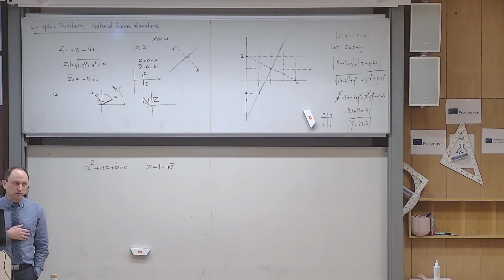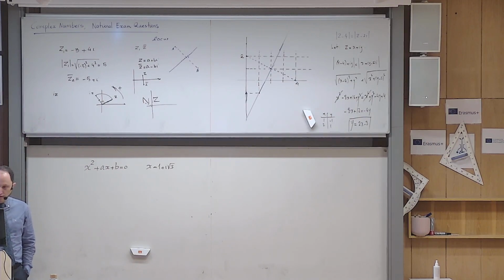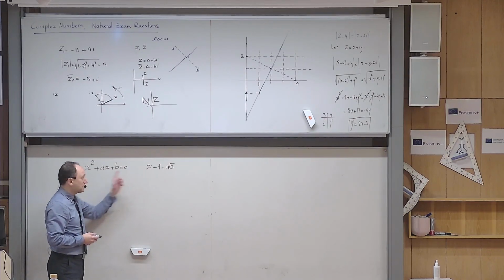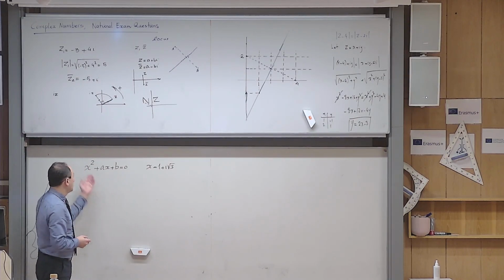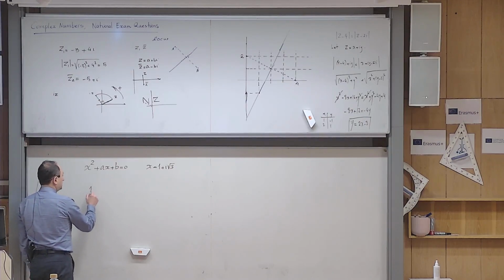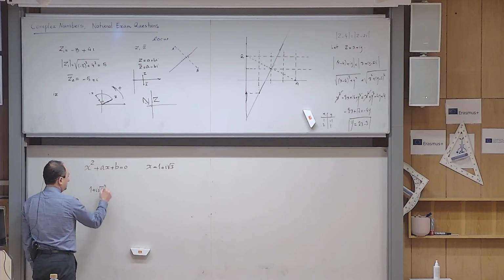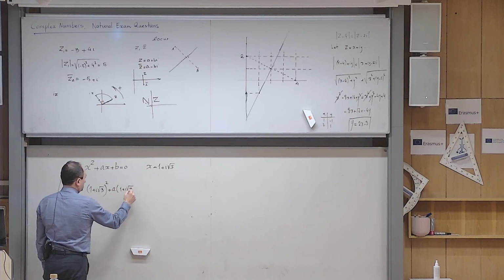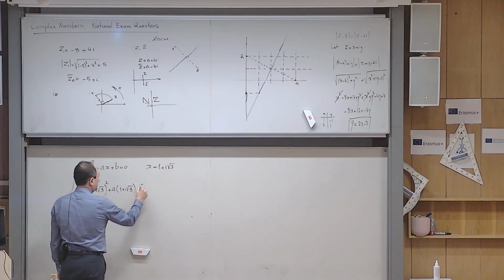Okay, could you solve that? So what are a and b? What are the numbers? a is minus 2, b is 4. Let us check. So this is a root, so it satisfies the equation. So I replace x with that number, and then plus b.